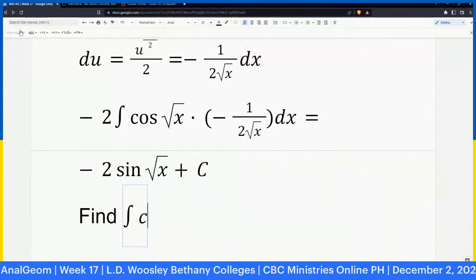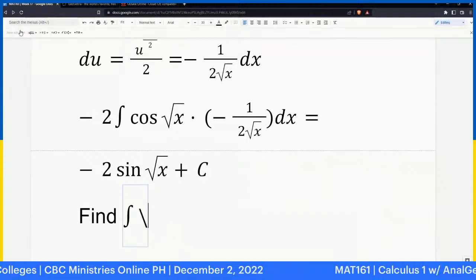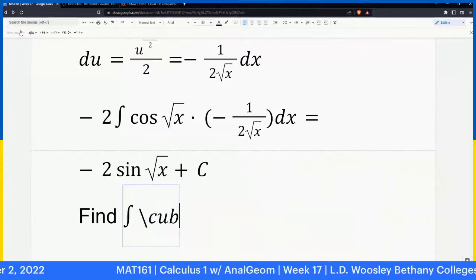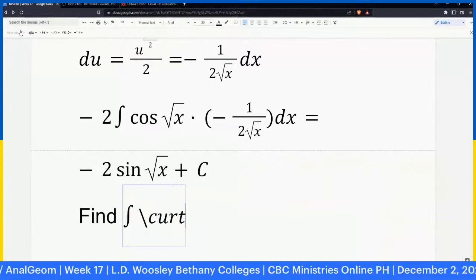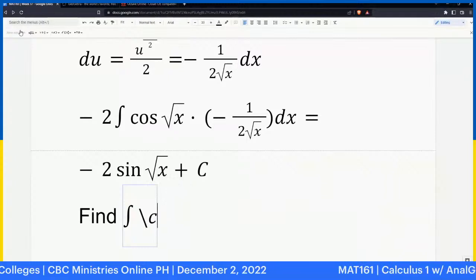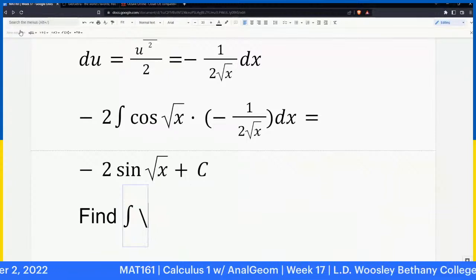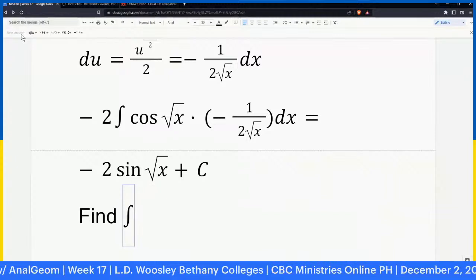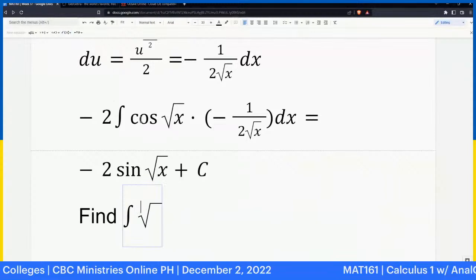Wala ba yun? Cube root ba yun? Ayaw eh. Hindi rin. Ayaw mag-magic ng cube root. Tulong na lang tayo dito. Nakalimutan kasi yung code nun eh. Cube root.